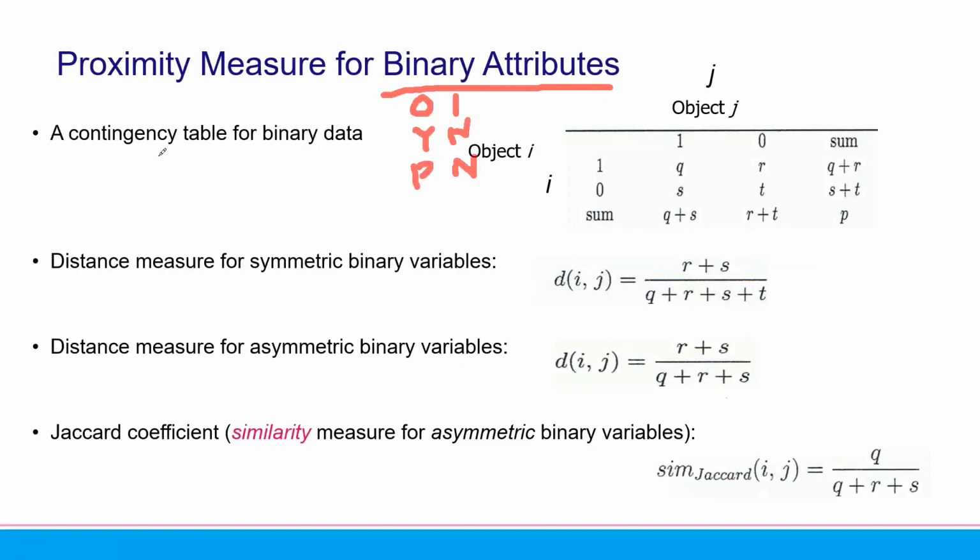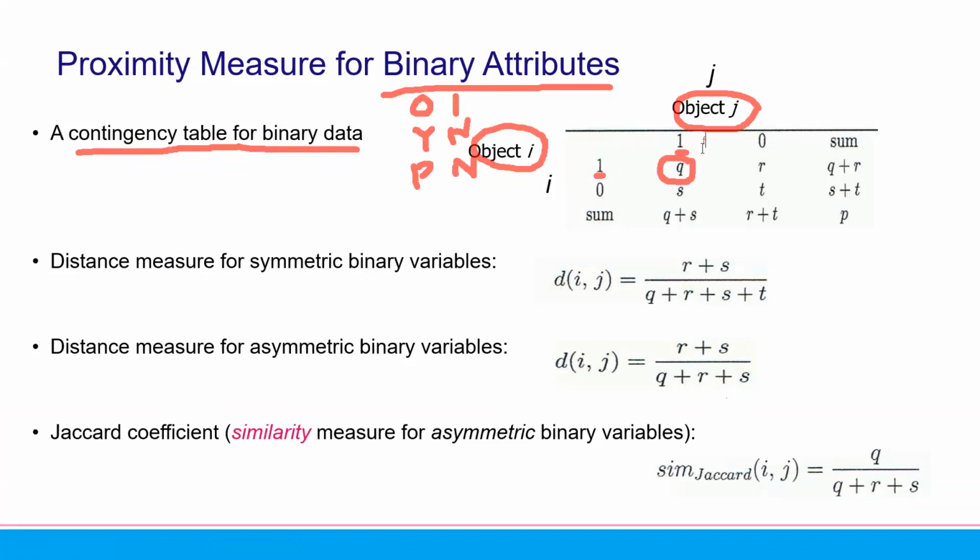We can create the contingency table for the binary data. Let's suppose I have the object i and the object j.